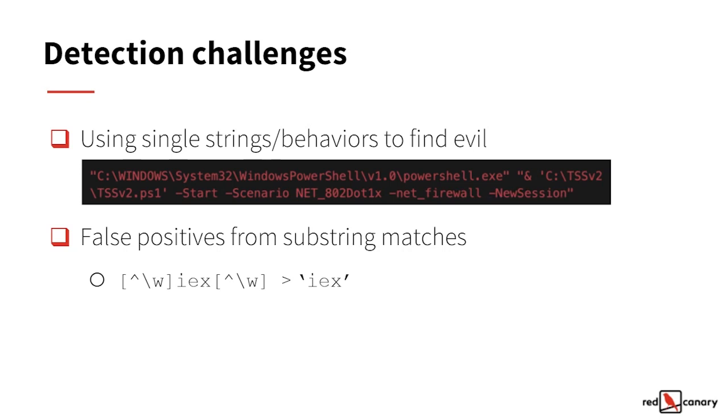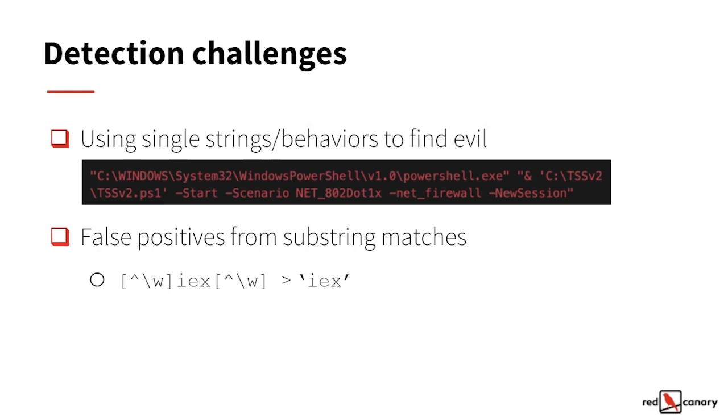And why? Because IEX is also part of MSI exec. So one of the hits from the detection logic isn't actually a positive because it's a substring match. But if you put a space on either side of IEX, you could potentially miss things.